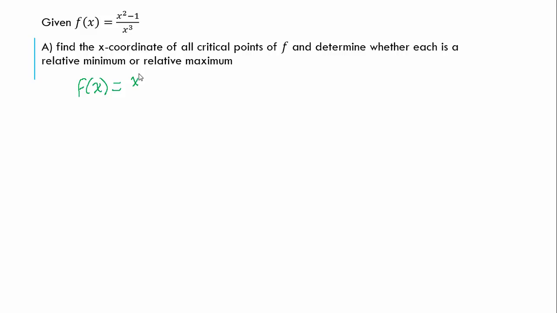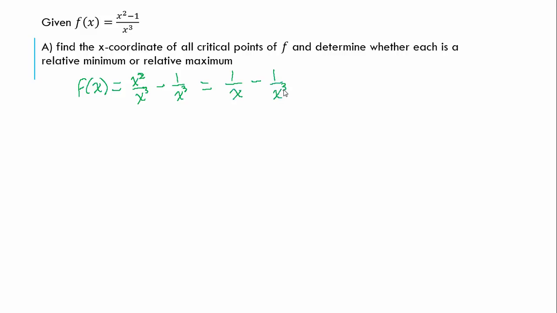So we have x squared over x cubed minus 1 over x cubed. This is just a trick from algebra. And this is equal to, well, x squared over x cubed. That simplifies just down to 1 over x minus 1 over x cubed.